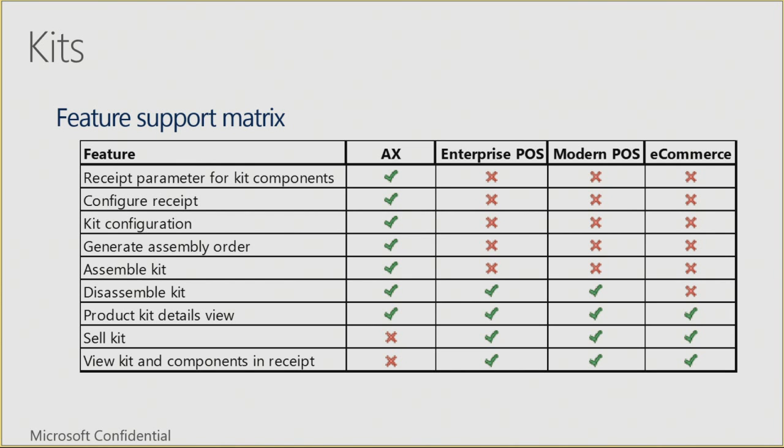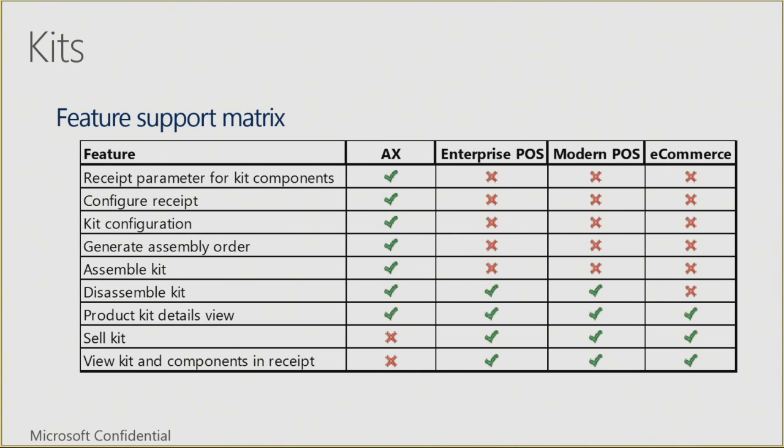Again, the reason it is in AX is the centralized management of data. Kit configuration, generating the assembly order, and assembling of the kit are there. Disassembling of the kit is supported in AX, enterprise POS, as well as modern POS for the scenario I just talked about. The details view is supported across the board, across all 4 buckets.